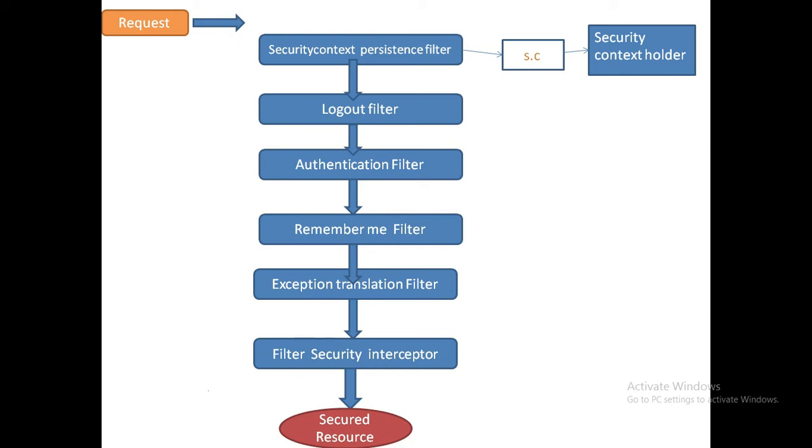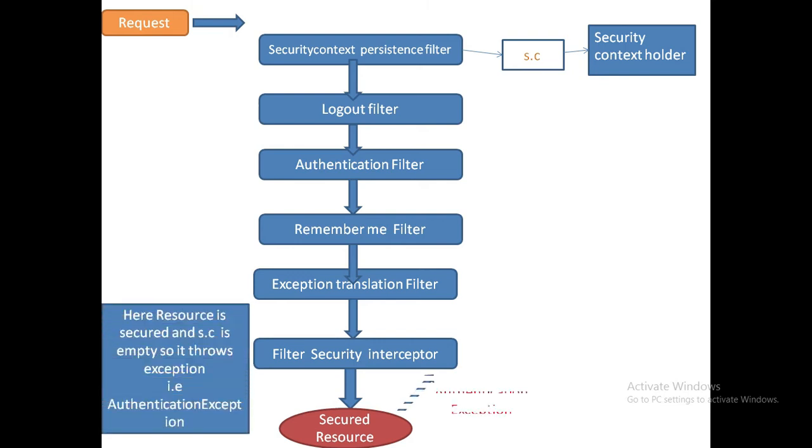The filter security interceptor will check, oh, this resource is secured, and it requires that the user should be logged in. So is the user logged in? No, so it will throw an exception, that is an authentication exception. And now this filter security interceptor will throw this to the exception translation filter.